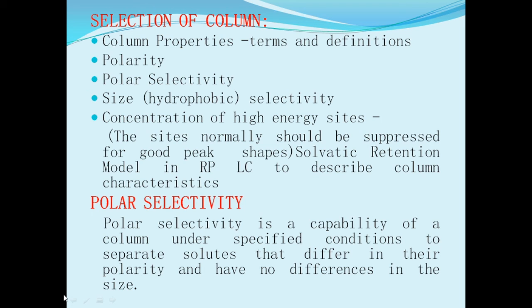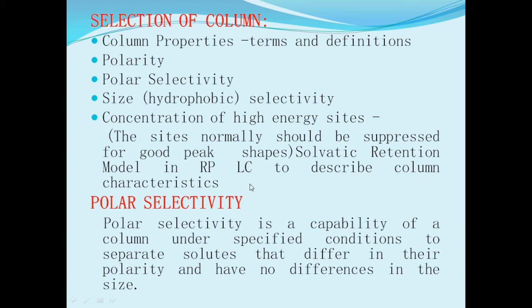Knowledge of the sample influences the choice of column bonded phase characteristics, column chemistry, column properties, terms and definitions, polarity, polar selectivity, size, hydrophobic selectivity, concentration of high energy sites. These sites normally should be suppressed for good peak shapes.